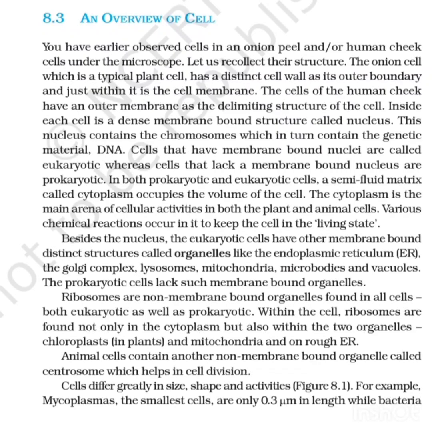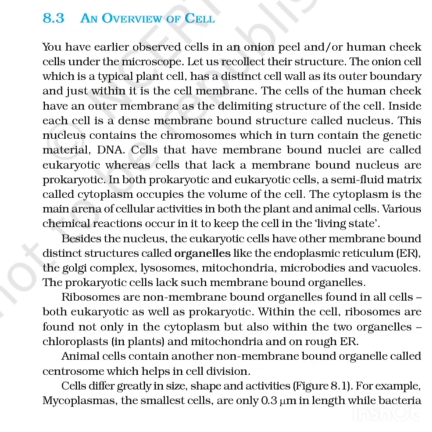In both eukaryotic and prokaryotic cells, a semi-fluid matrix called the cytoplasm occupies the space in the cell. The cytoplasm is the main area for different types of cellular activities in both plant and animal cells. Various chemical reactions occur in the cytoplasm to keep the cell in a living state.